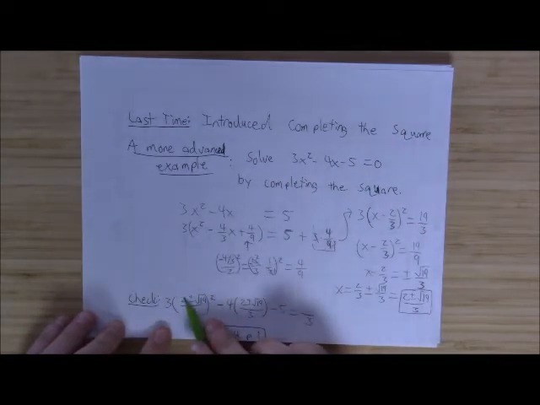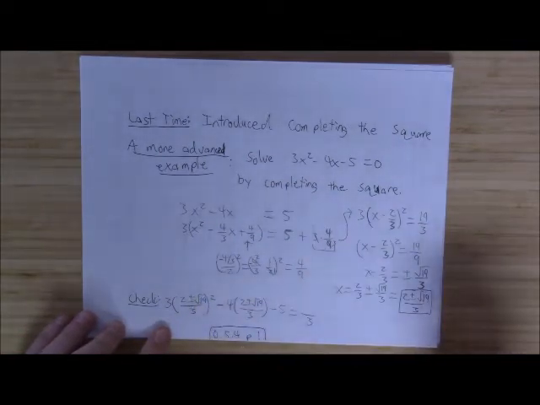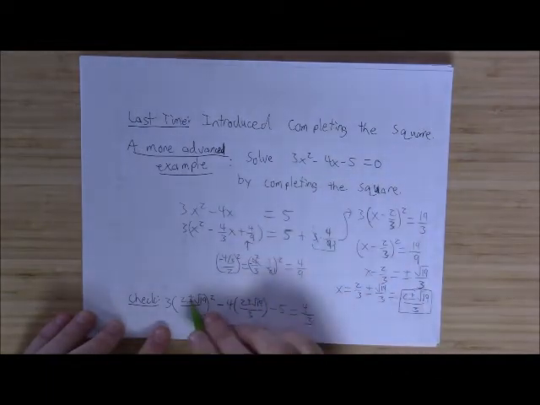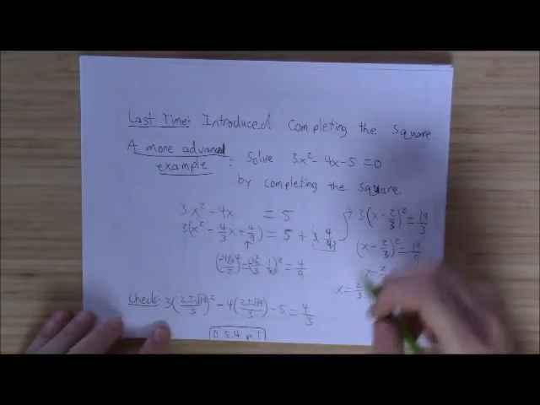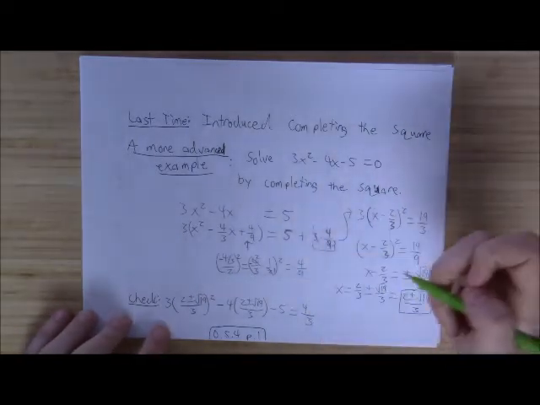to FOIL this out. You would have 4, and you'd get the positive and the positive, so you'd have root 19.